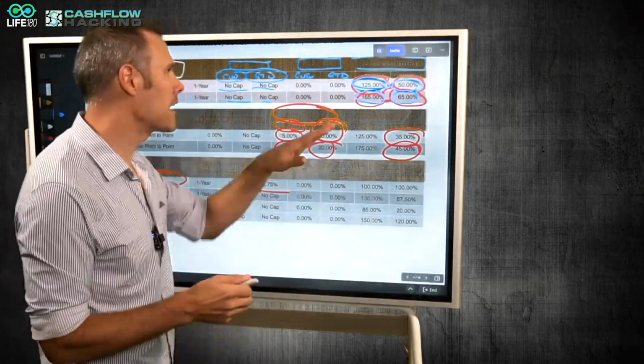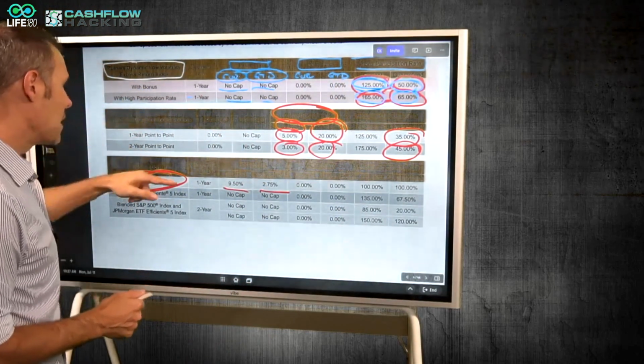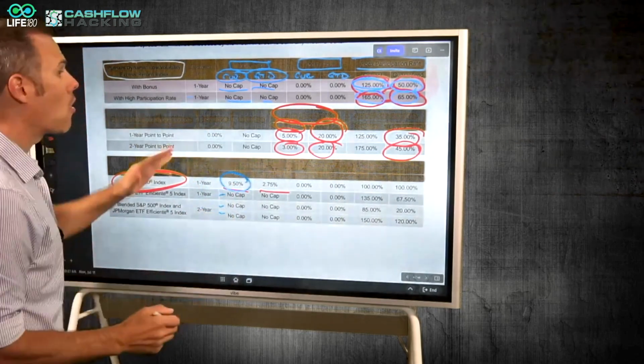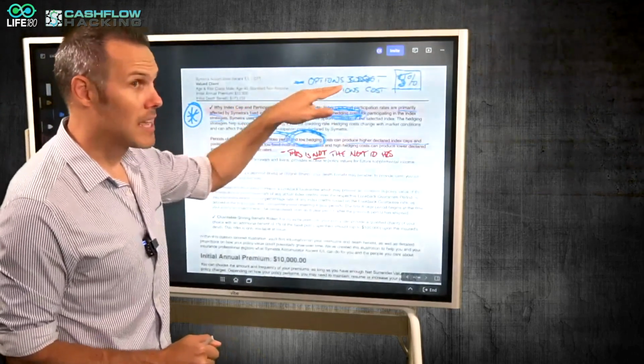Well, it doesn't matter, because it doesn't matter if it's this no cap, this one with a cap rate, or these no caps. They're all dealing with the same options budget and the same options cost.